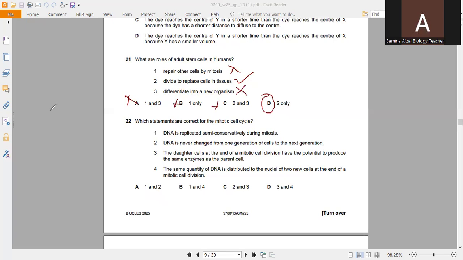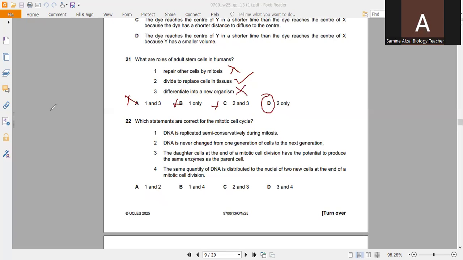Now next, question 22: which statements are correct for the mitotic cell cycle? DNA is replicated semi-conservatively during mitosis. This statement is not correct.